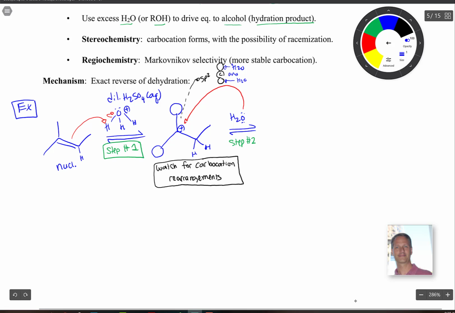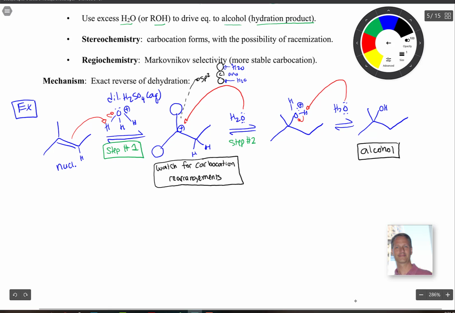So to have a stereocenter, remember you have to have 4 different groups. 1, 2, 3, 4, and the rest should be fairly straightforward. So water's coming in. That's going to grab a hold of that H. So you form H3O plus there. In this case, you get your alcohol.